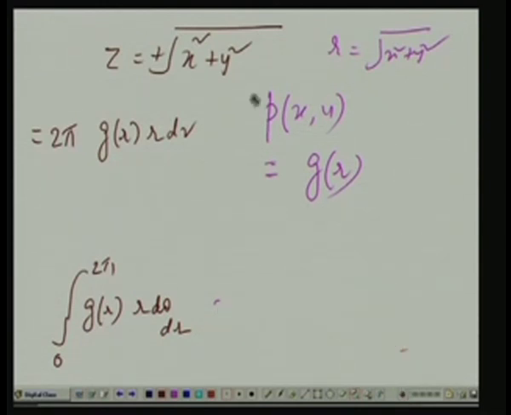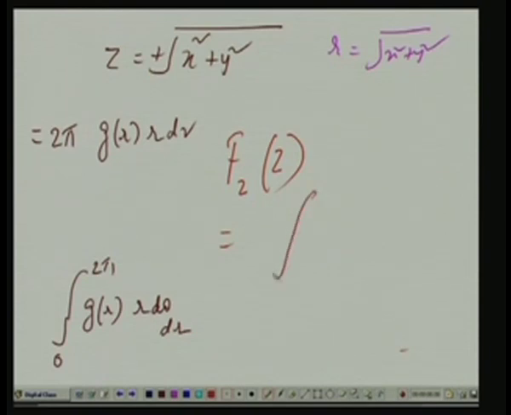That means, what is F z of capital Z? Here we found the probability of z taking values between r and r plus dr. Now, I have to find the probability of z taking values where r goes from 0 up to capital Z. Then that entire area given by the circle of radius capital Z will be covered.